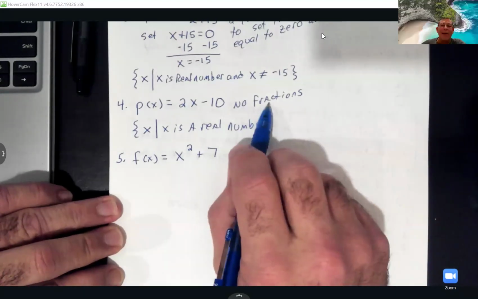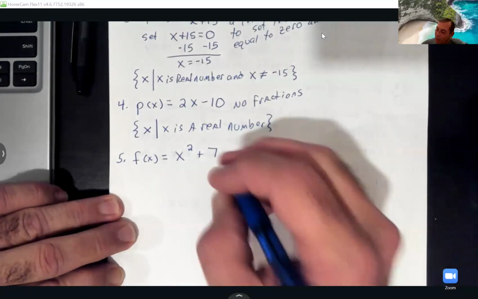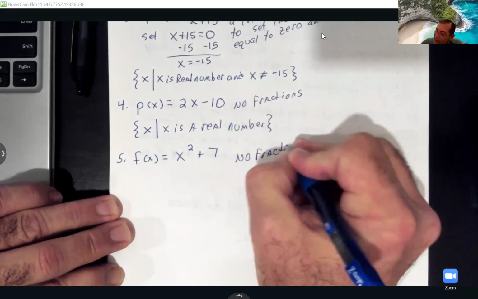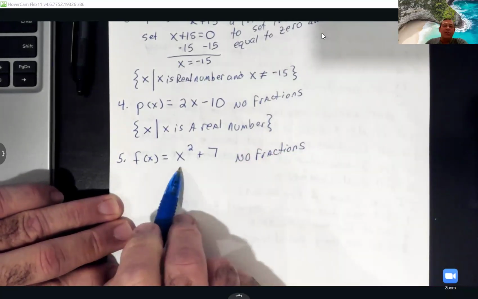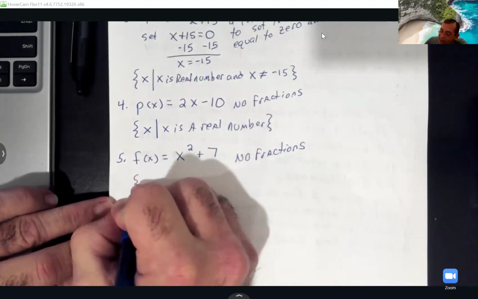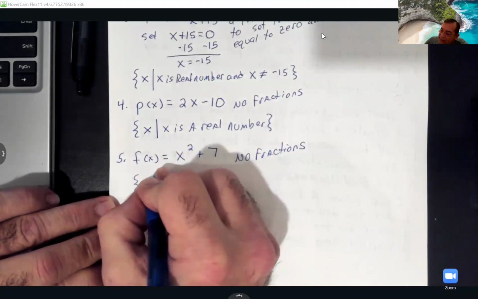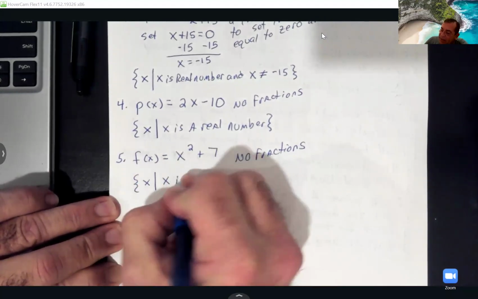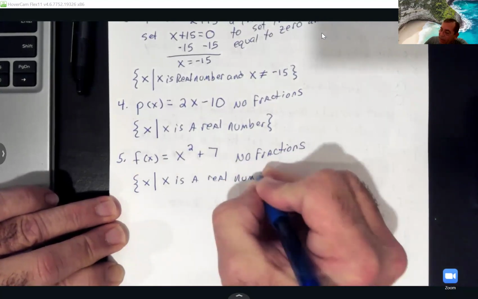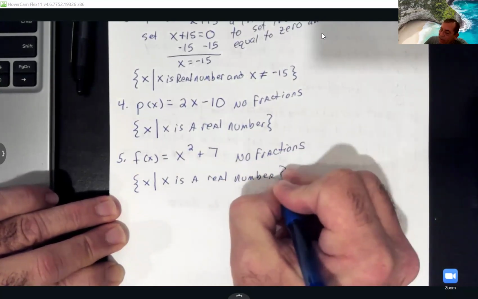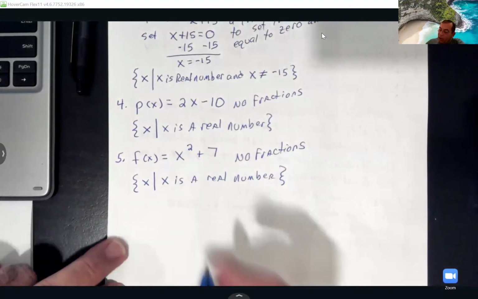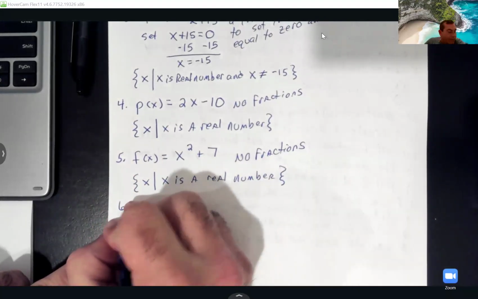Because once again, I don't have any fractions to worry about. So there's no fractions. So I can square any number and then add 7 to it. So that's a good job. So this will be x such that x is a real number. Now, y'all won't have to write this every time. They'll have A, B, C, D choices on those, okay?